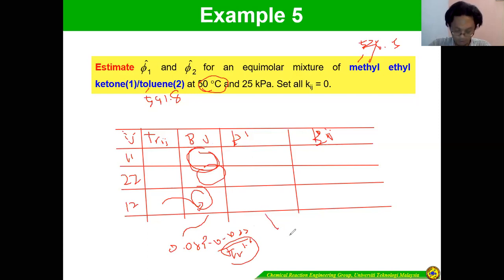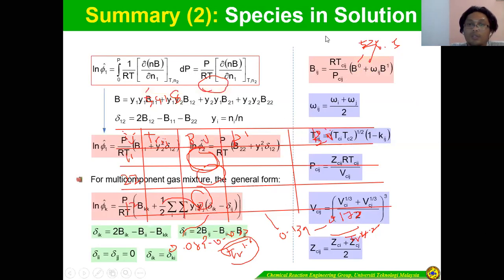B prime is equal to 0.139 minus 0.172 divided by TR to the power of 4.2. That's the value. And Bij you have to calculate from the previous equation.